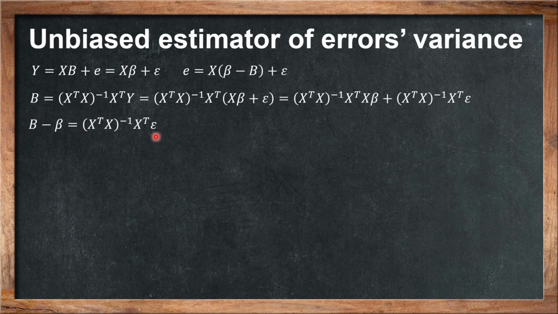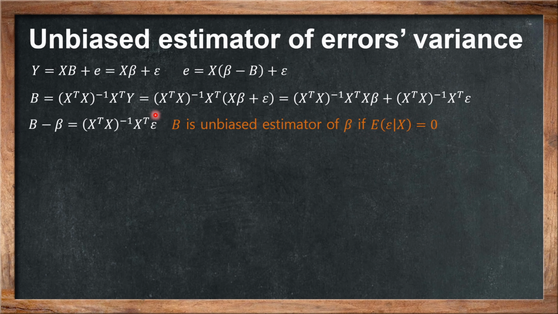And since we make an assumption that epsilon is strictly exogenous, so it doesn't depend on the factors in the model, this will be equal to 0, which requires that the expected value of b equals beta. So b is an unbiased estimator of beta if the expected value of epsilon given X equals 0.